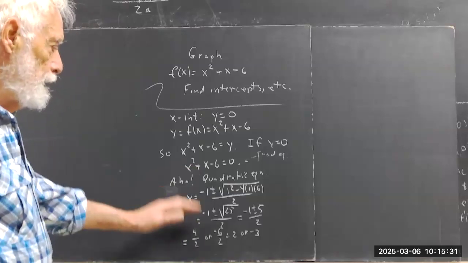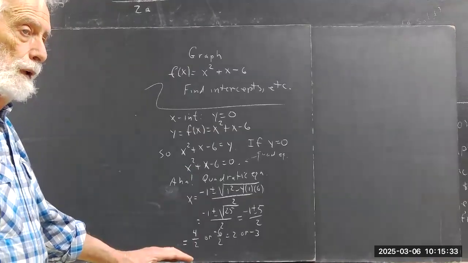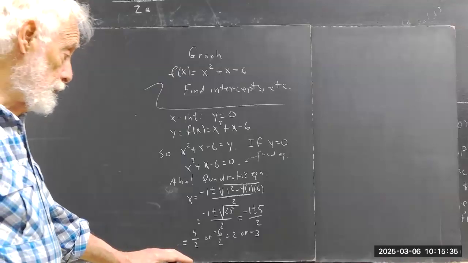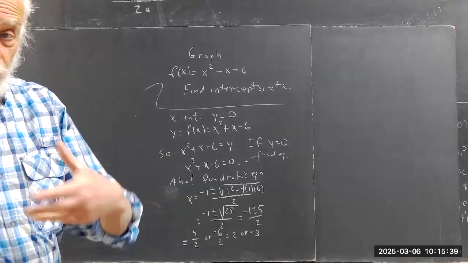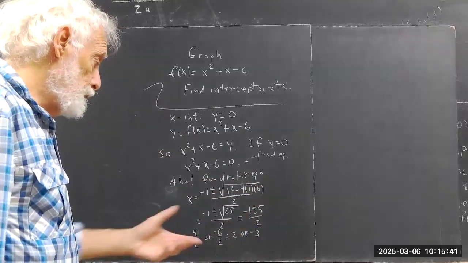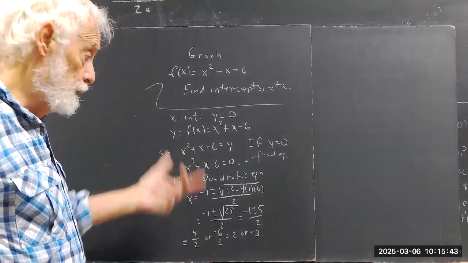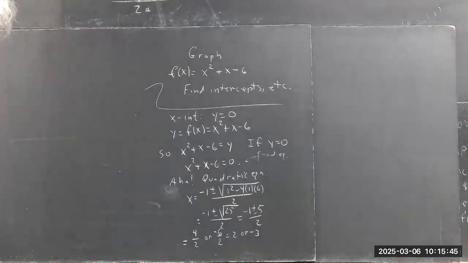Now I'm assuming you know how to do a quadratic equation. If you're watching this video and don't know, go back and review it, because you had an assignment on the quadratic formula, so it should be pretty automatic to use it. Okay.